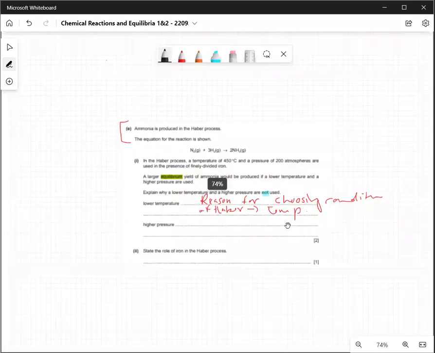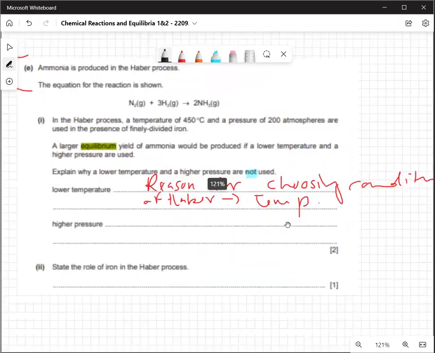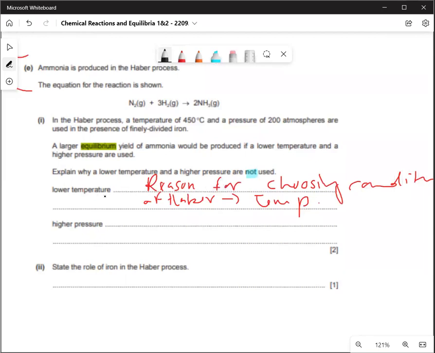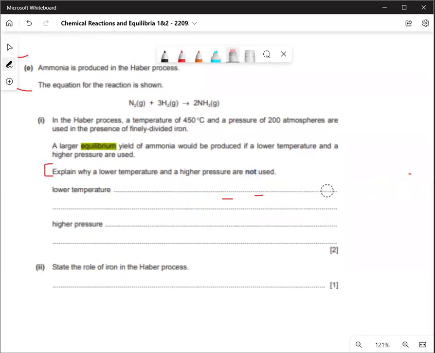Now just answer this one, come on. Why do we need a lower temperature? Read the question again. Explain why a lower temperature and higher pressure are not used. Why?